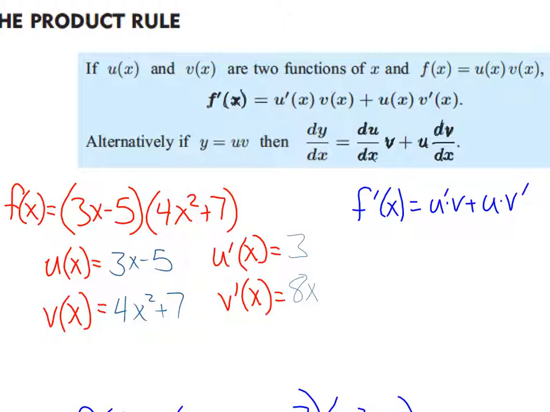Now, in order to find the derivative, I'm going to use our product rule. First of all, I've got u prime. U prime is 3. I've got to multiply that by the original second factor, that's the 4x squared plus 7.